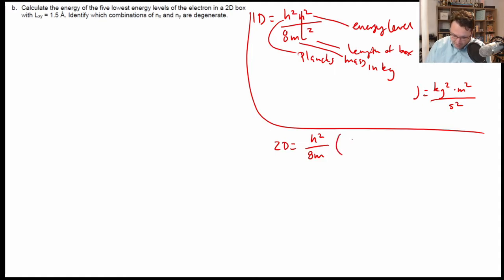And then you would have nx squared over lx squared plus ny squared over ly squared. That would be the case where the n levels are different for the x direction and the y direction, and the L values are different for the x direction and the y direction, which can happen. They don't have to be exactly the same.